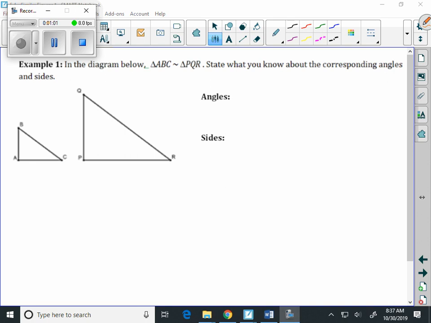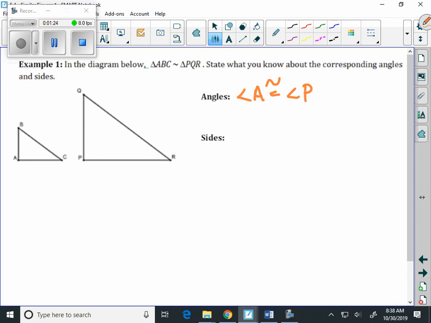in the diagram below, triangle ABC is similar to triangle PQR. And once again, if they're similar, what this means is that angle A is congruent to angle P. And notice where they're listed up here.